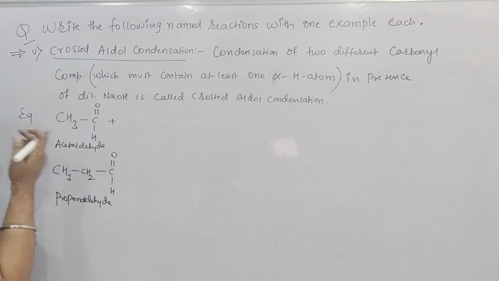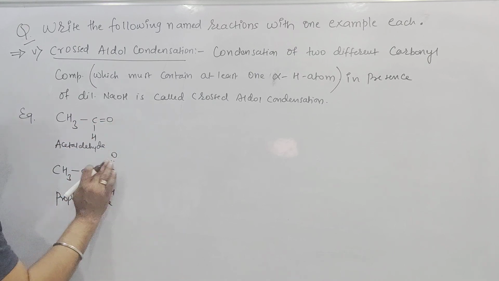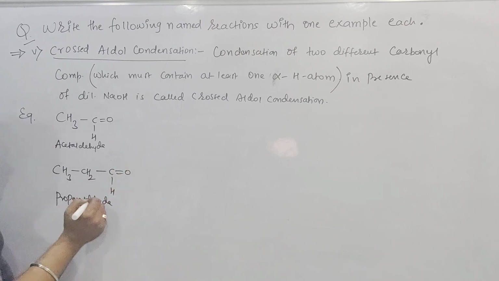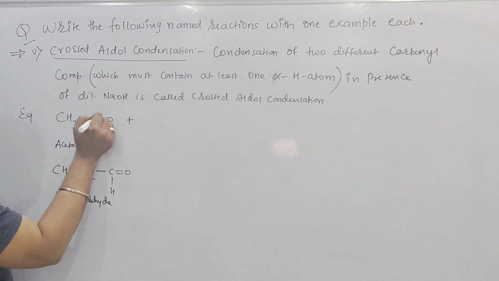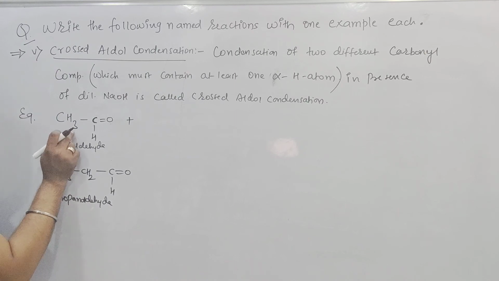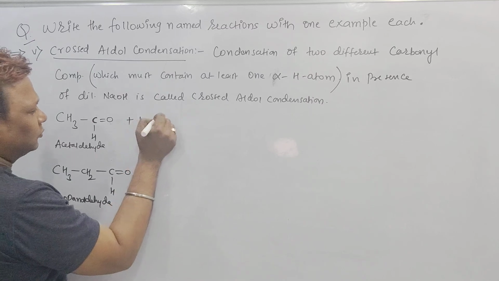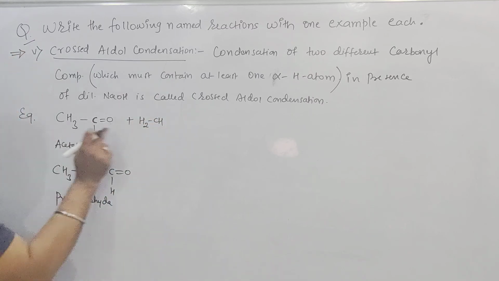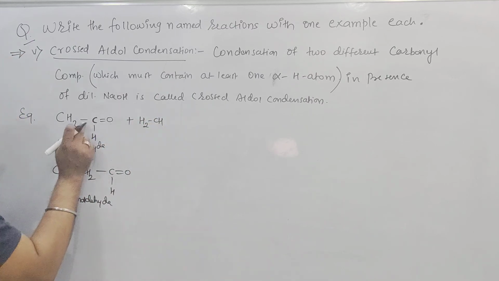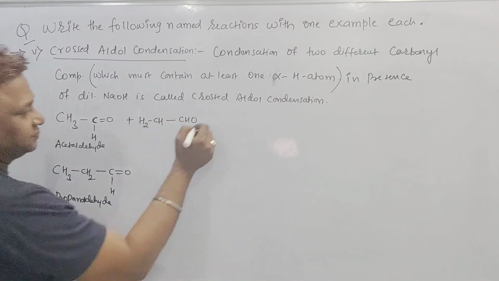You know, these can be written in this way: CH3 C double bond OH, CH3 C double bond OH, plus. This carbon attached with the carbonyl carbon is called the alpha carbon, and its hydrogen is alpha hydrogen. So this CH3 must be written as H2CH, then it is bonded with C double bond OH. Either you write it this way or that way.